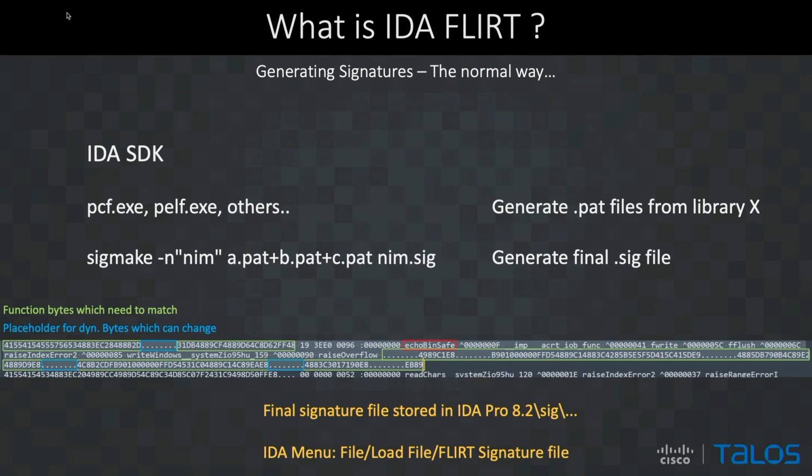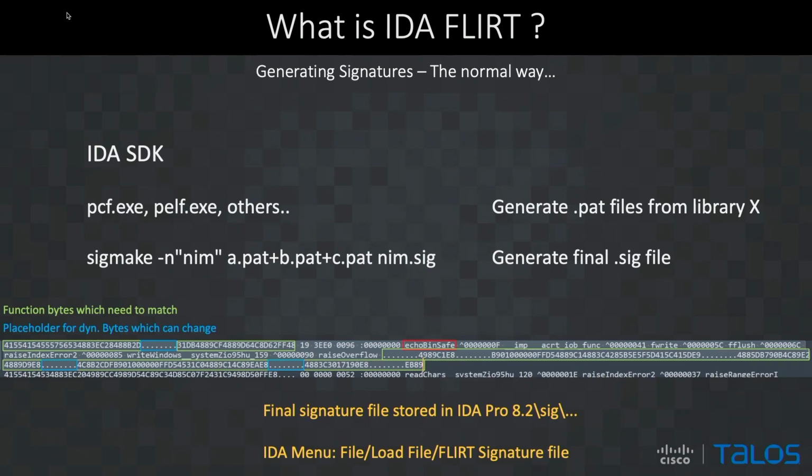And the other thing, which is probably difficult to see here, at least in the back of the room, is the way a FLIRT signature looks. It usually starts with the function bytes, the beginning of the function. If you have something which is filled dynamically at runtime in a function, then you're using a placeholder, like you can see here, the dots.